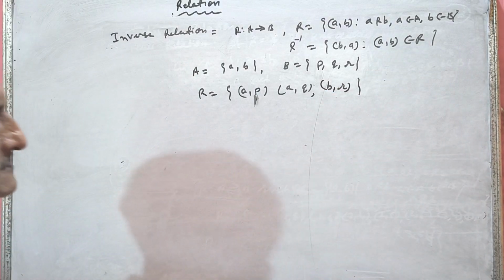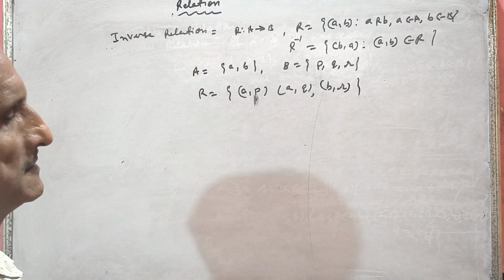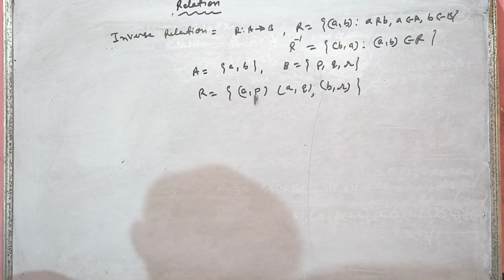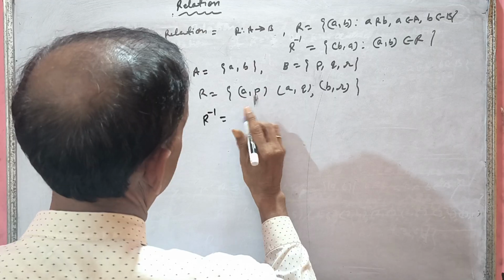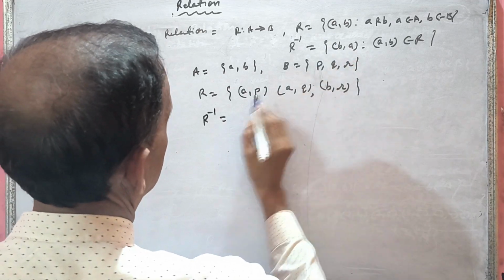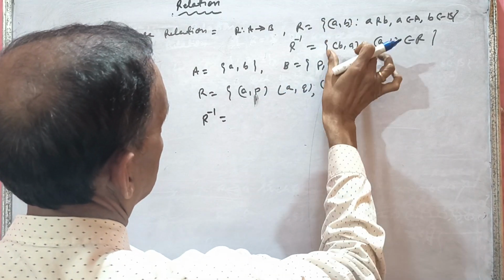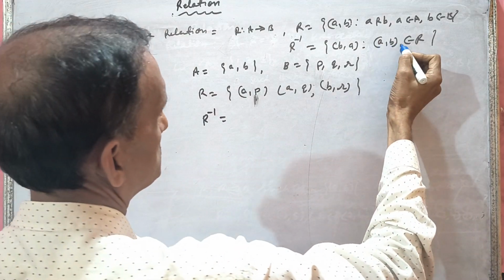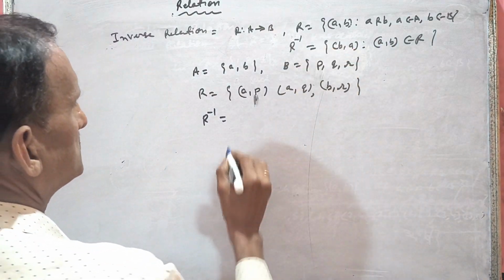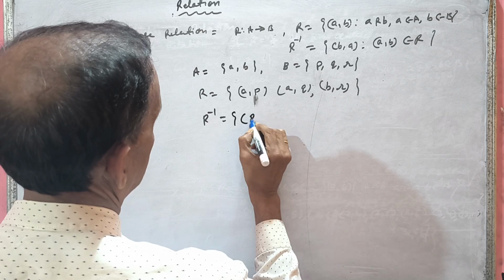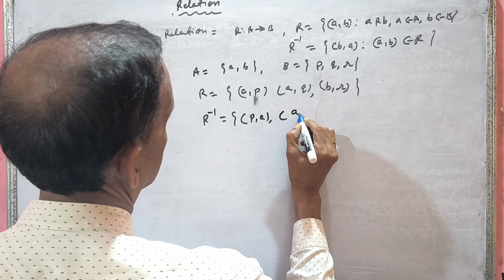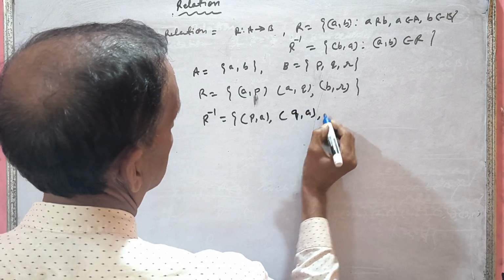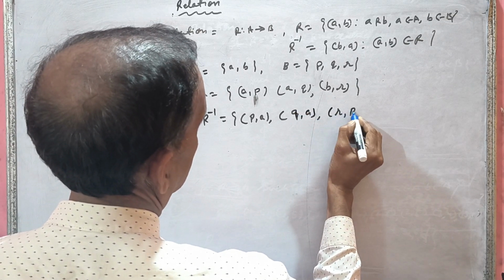No need to write everything now. You will not write the whole A cross B because you know it is a subset of A cross B. Then what is R inverse equal to? Obviously, if (a, b) belongs to R, then (b, a) belongs to R inverse. What will be in R inverse? (p,a), (q,a), (r,b).